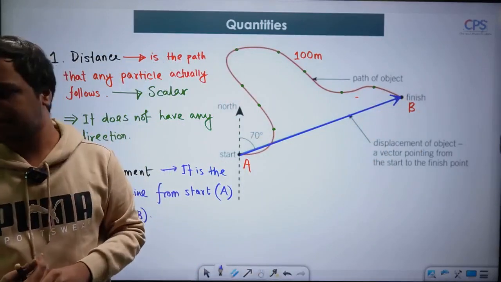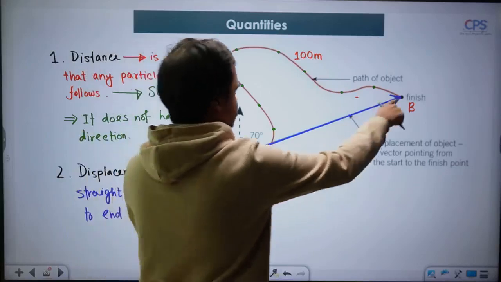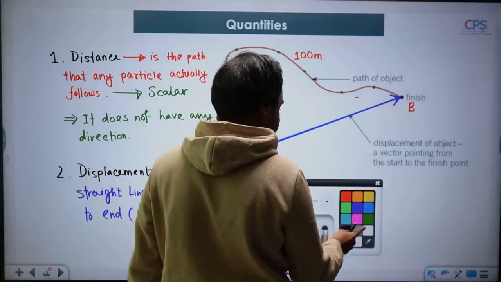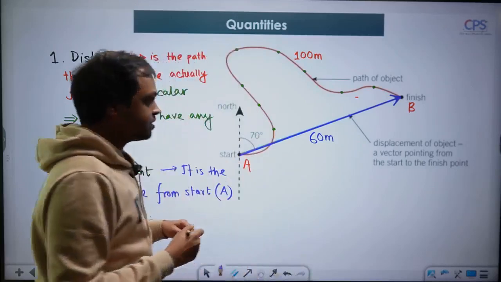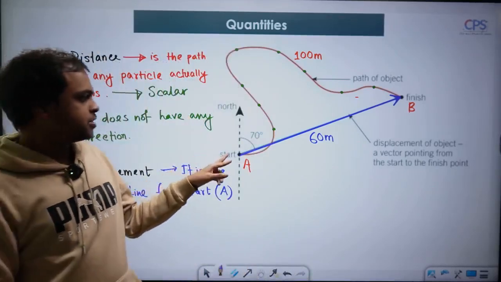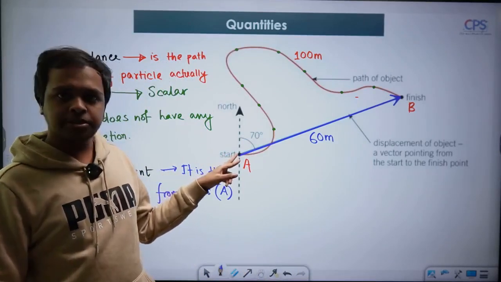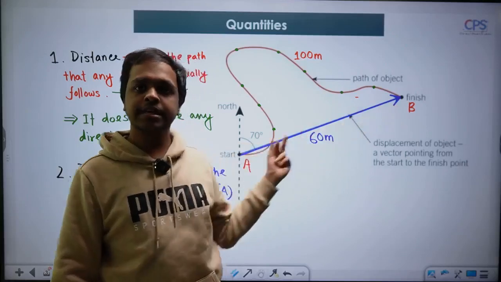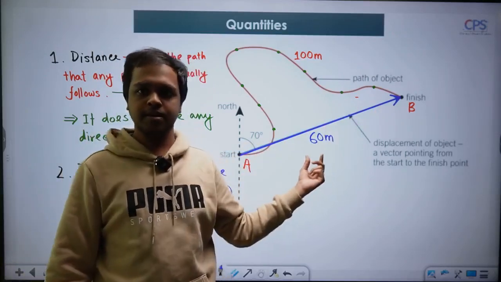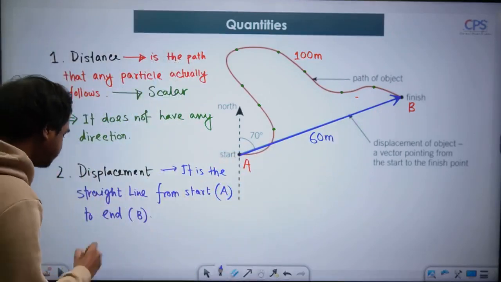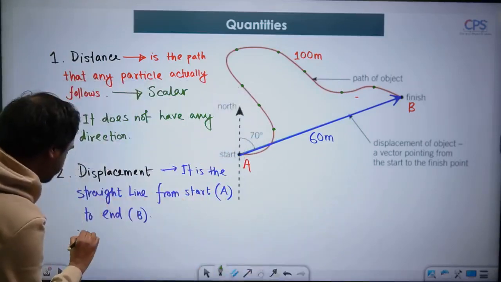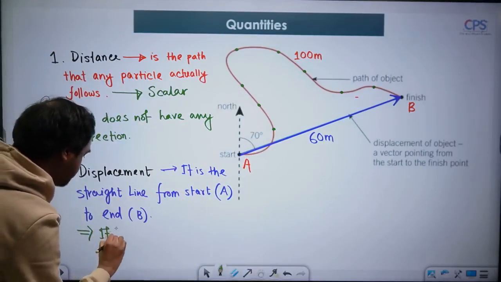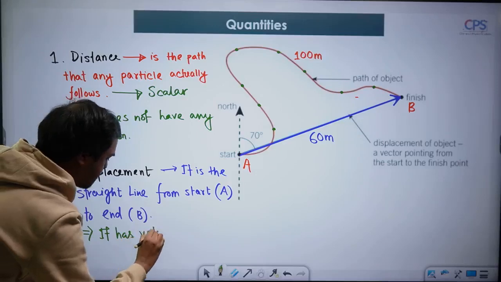Let's assume this value is about 60 meters. So I can tell you that from the start position, the ending position is 60 meters away. So it has a value, right?